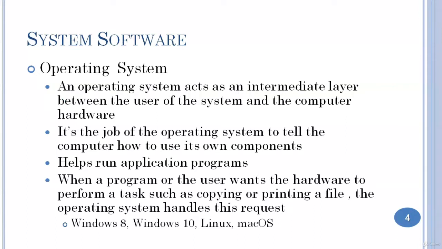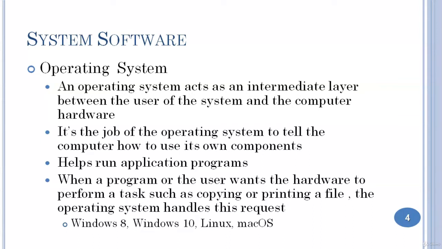Now let's discuss what an operating system is. An operating system acts as an intermediary between the user of a computer and the computer hardware. By intermediary, I mean an intermediate layer between the user of the system and the computer hardware.